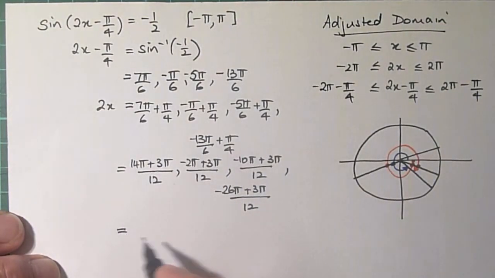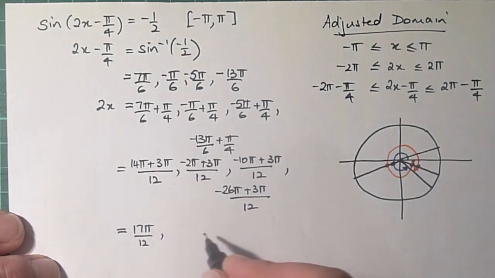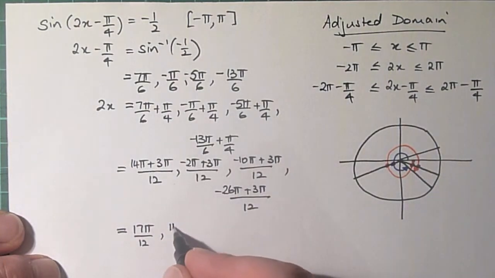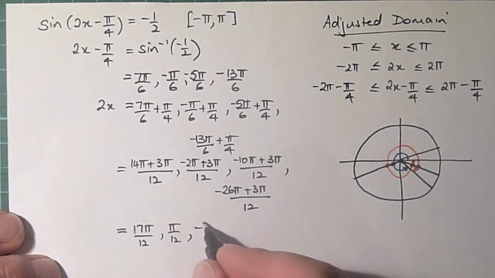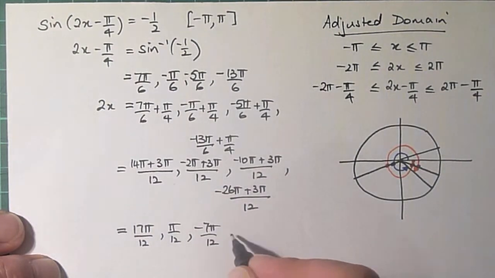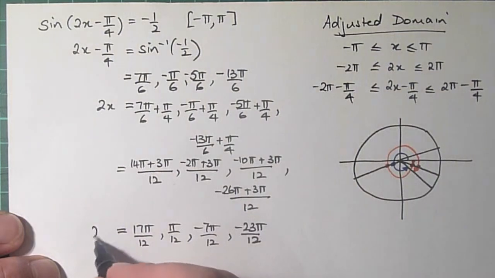We'll go ahead and add those. We get 17 pi on 12 and pi on 12. Minus 10 and 3, negative 7 pi on 12 and negative 23 pi on 12. That of course equals 2x.